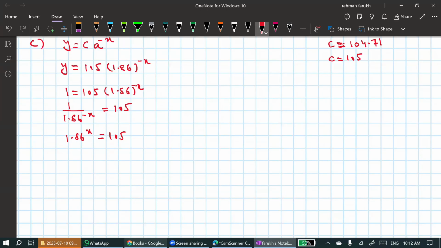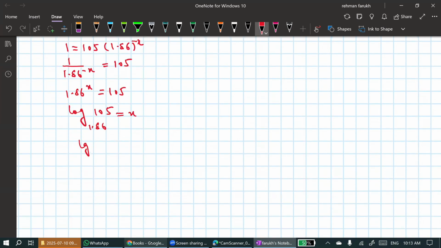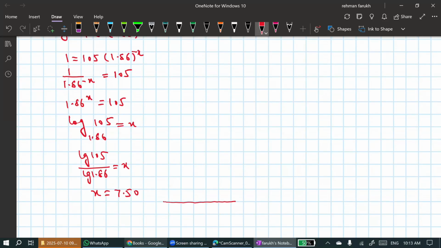Now we will convert this into logarithmic form. Base is 1.86, power is X, argument is 105. Using the change of base rule, LG 105 over LG 1.86. What's the final answer for X? 7.50. This is the value of X when Y is equal to 1.